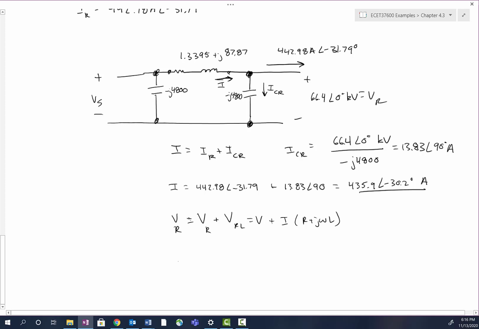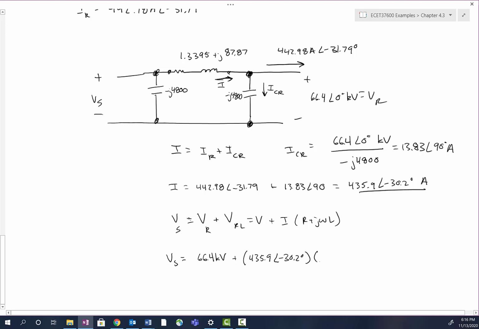There we go. Now everything's fixed. So the receiving end or load end voltage was 66.4 kV. And then we need to find the voltage drop across the RL elements on the line. That's the current flow through them, 435.9 at an angle of negative 30.2 degrees.